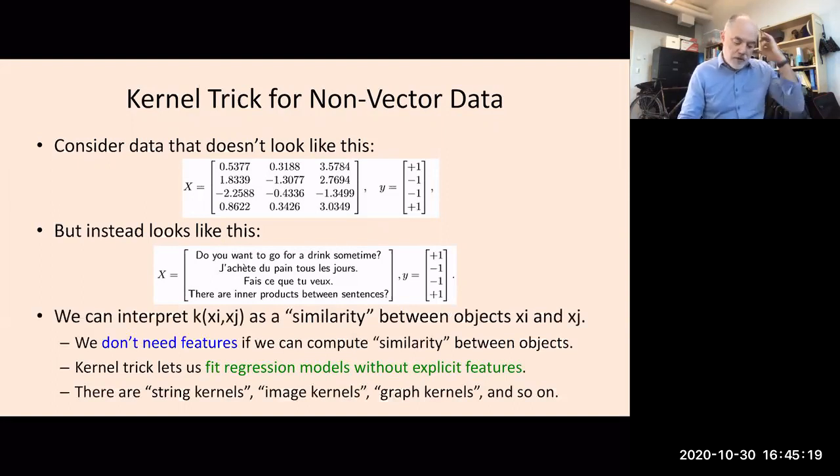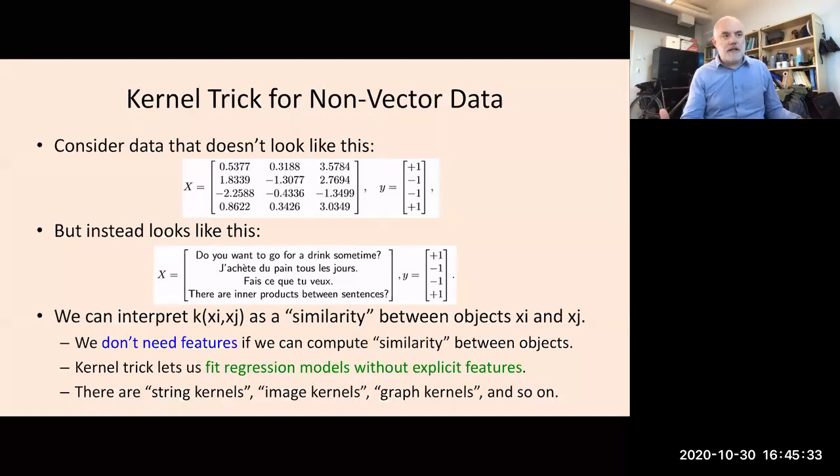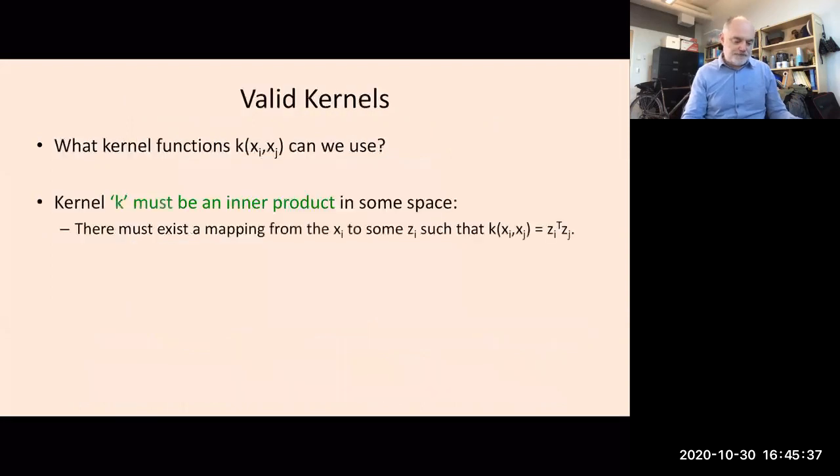And we can interpret this kernel function's output as a similarity between objects i and j. It gets really warpy to think about the spatial relationship of these and what space you are in. But needless to say, there are string kernels, image kernels, graph kernels, and so forth. So what kernel functions can we use?